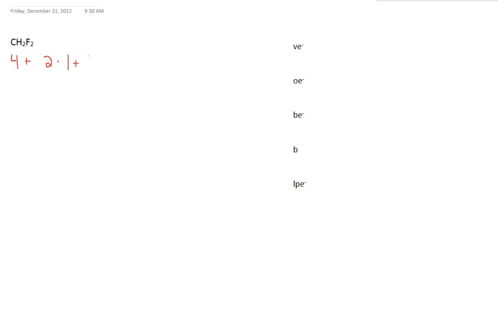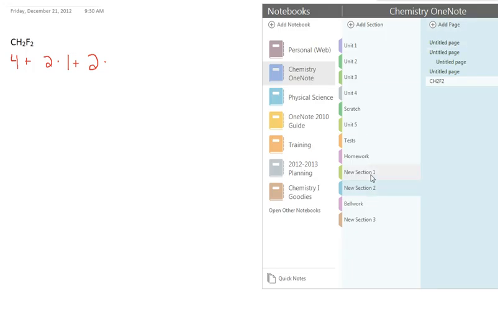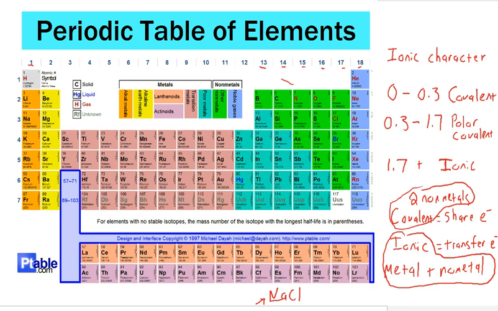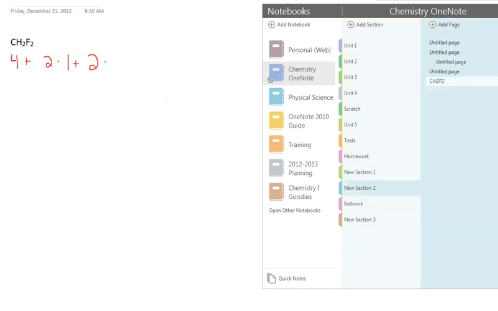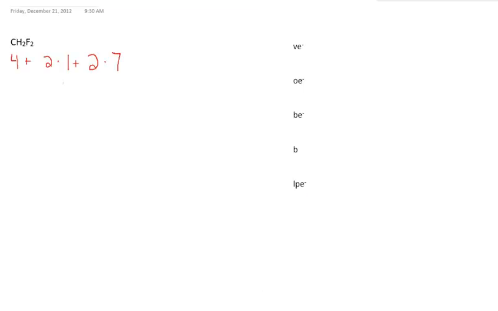We have actually 2 of them. So it's going to be 2 times however many valence electrons fluorine has. If you look in the periodic table here, it's in group 17, giving it a total of 7 valence electrons. So we have 4 plus 2 times 1 plus 2 times 7. So this simplifies to 4 plus 2 plus 14.